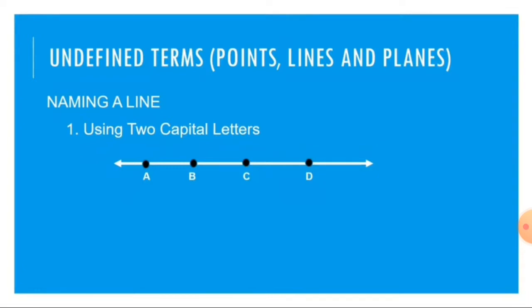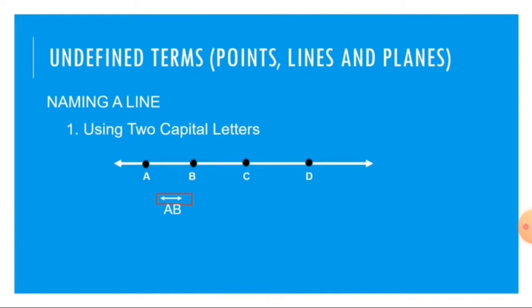So let us consider that we have a line and a point A, point B, point C, and point D on the same line. So to name a line, ang sabi, using two capital letter. For instance, I choose A and B. Kapag pinili ko ang A at B, ang pangalan niya ay line AB. So, yung nakikita natin sa taas, that's the symbol of line. Yan, nakikita natin, symbol yan ng line. So, pag nakikita nyo yan, sa taas ng dalawang capital letter, ang basa dyan ay line.